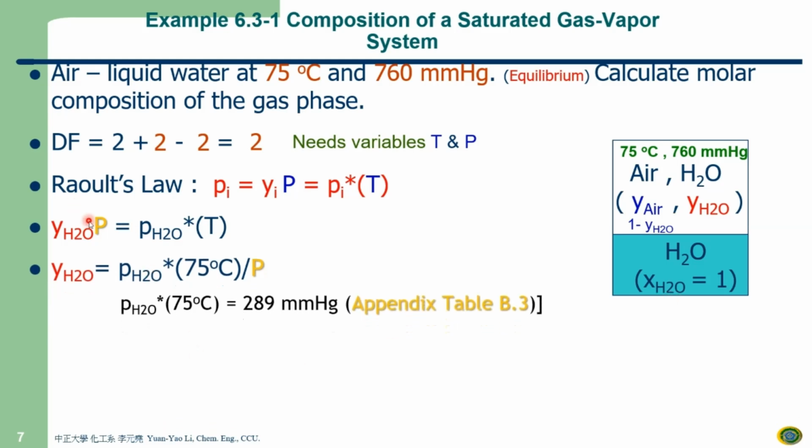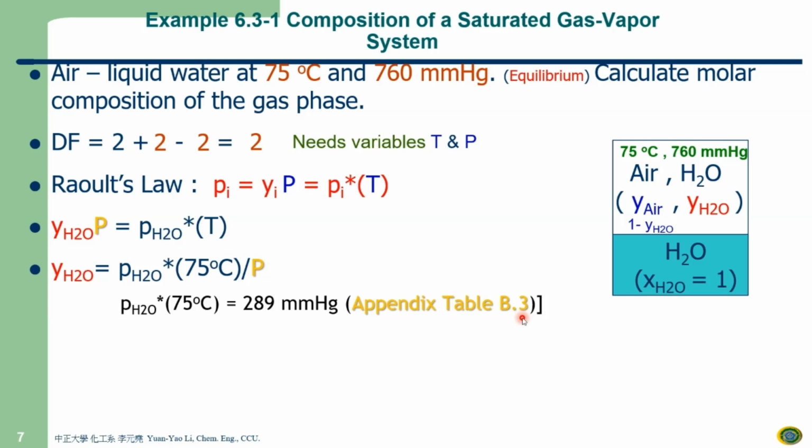So you move this around. P is here, right? 760 here, and this one, what is this? This saturated vapor pressure at 75 Celsius is 289 millimeter mercury. You can find this in the appendix, table B.3 in your textbook.